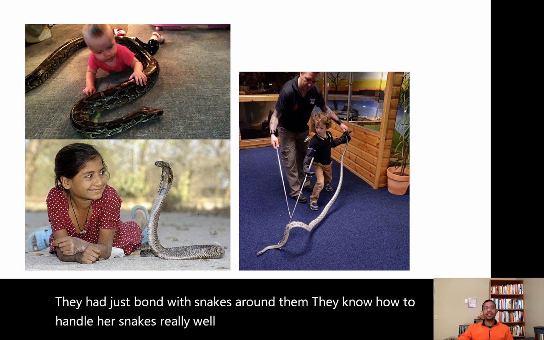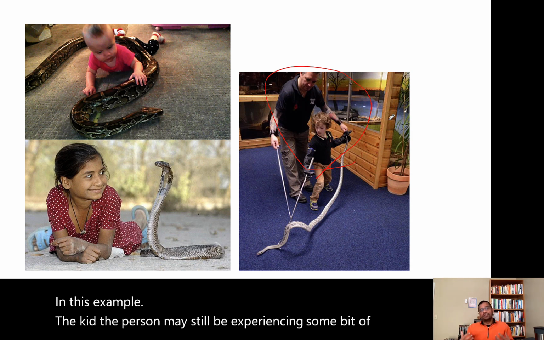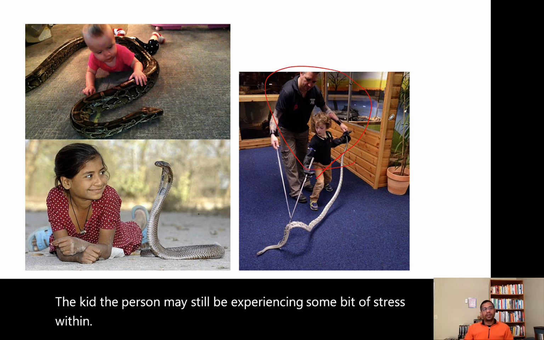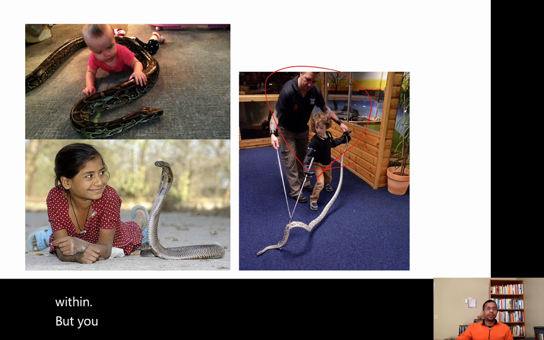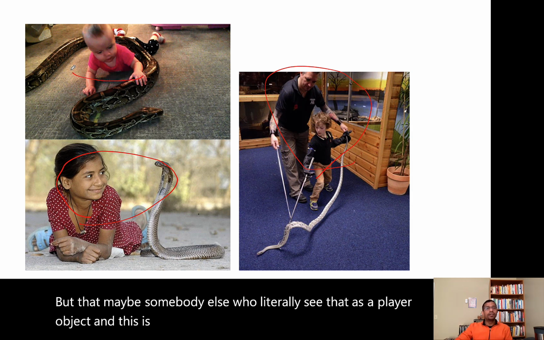So in this example, the person may still be experiencing some bit of stress within, but there may be somebody else who literally sees that as a play object, and this is not because this kid is ignorant of the danger.